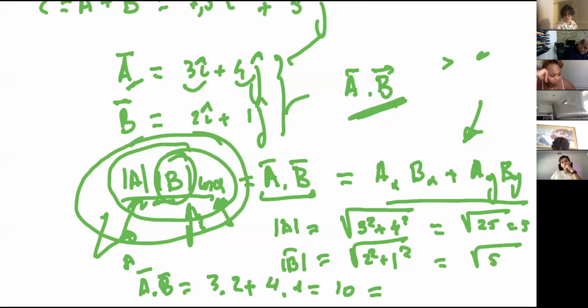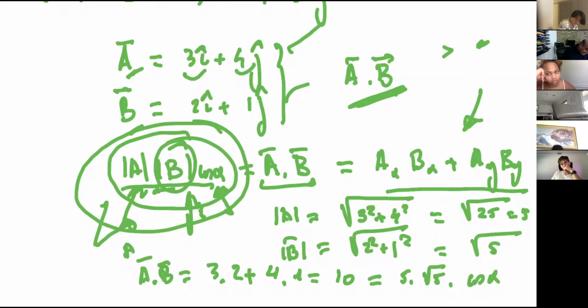So now I use the other side if they ask me what is the angle between them. It will be magnitude of A, 5, magnitude of B, square root of 5, cosine of alpha, and I know how to calculate cosine of alpha now.